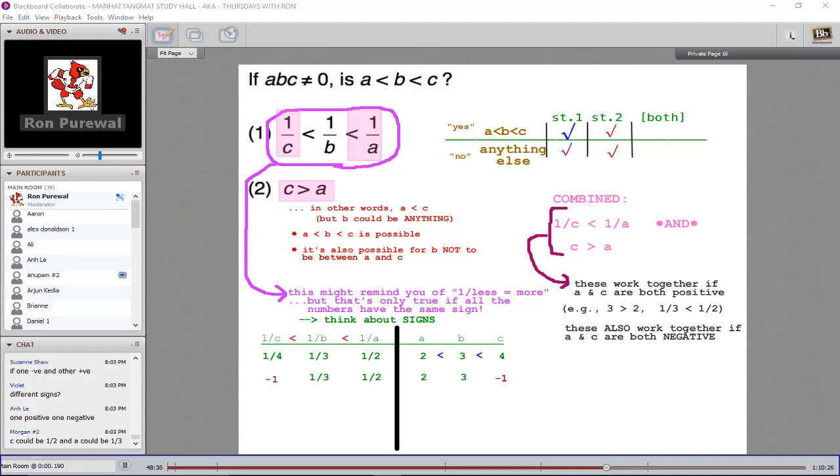For example, -2 is greater than -3, and -1/2 is less than -1/3 because it's more negative. So, smiley face if that makes sense. But the only way that this could not possibly work is if they have opposite signs.